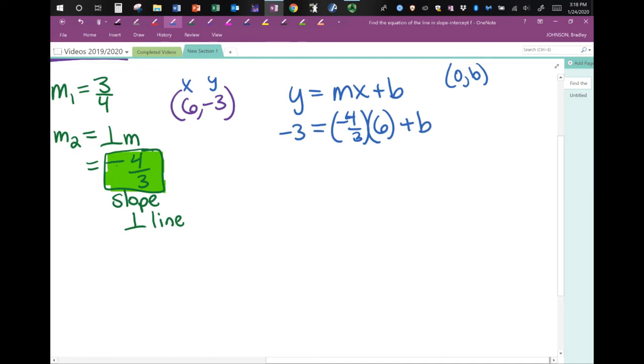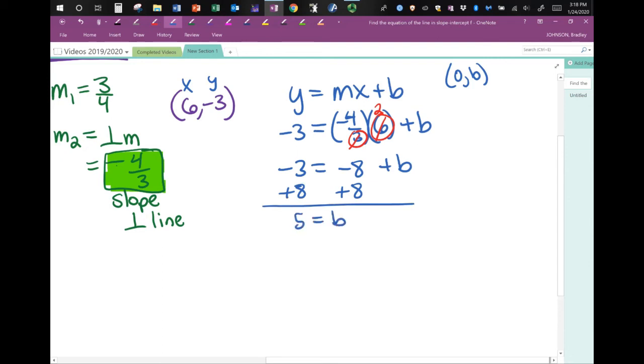Now let's simplify. -3 equals, okay, but let's look here. 6 and a 3 have 3 in common. 3 goes into 6 twice. So then that leaves us with 2 times -4, which gives you -8. Now I can add 8 to the left-hand side to get my b value. b equals 5.